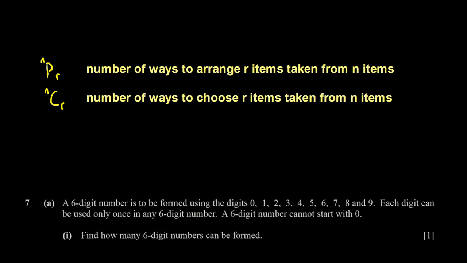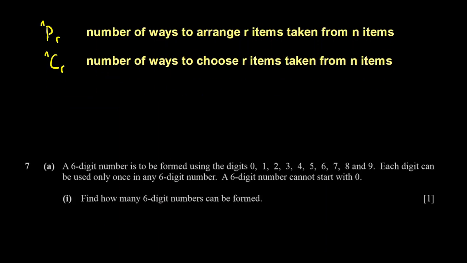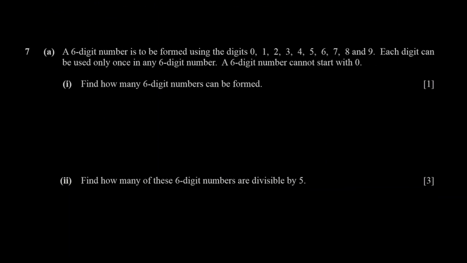Okay, so in this question, 7a, we need to try to figure out from the context whether order matters. And we are creating a number, aren't we? That's the whole thing. We're creating a 6-digit number. So if I was to have the 6-digit number, for example, 1, 2, 3, 4, 5, 6, that's a 6-digit number.